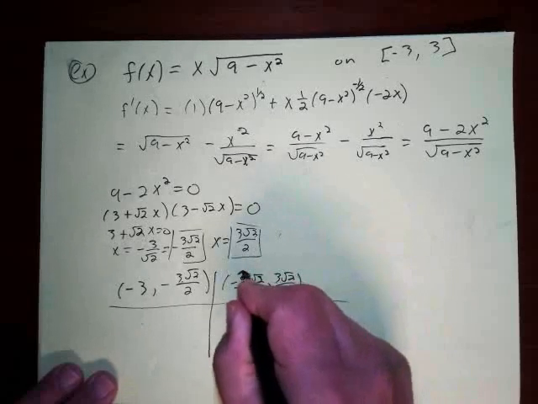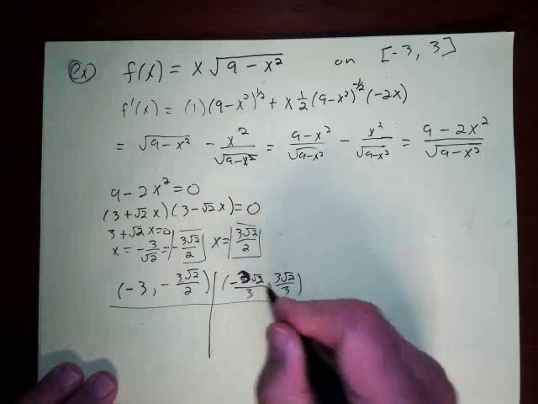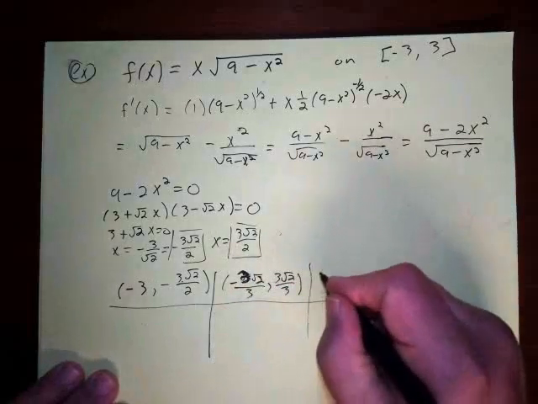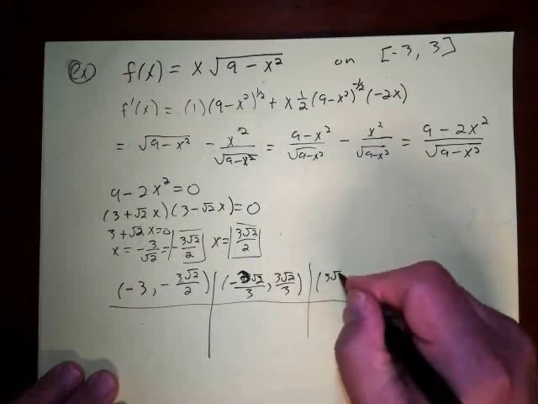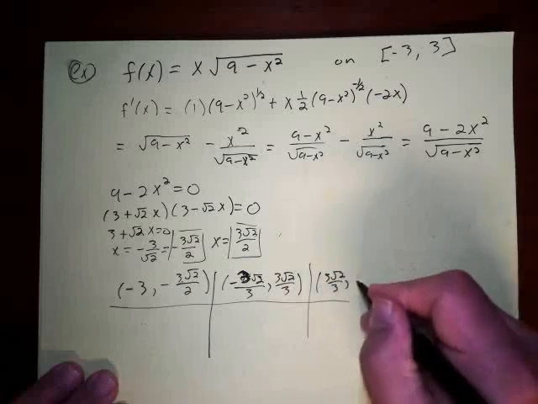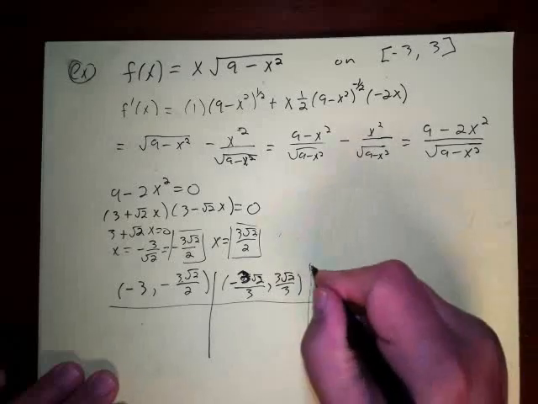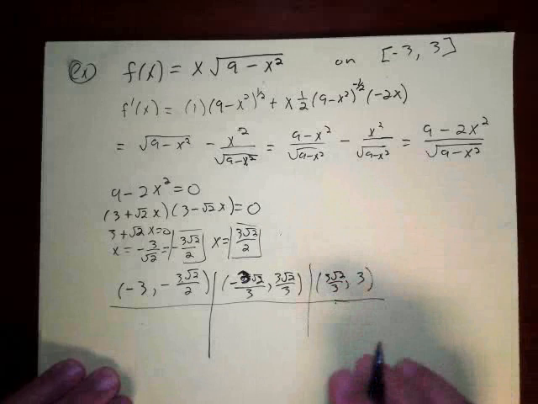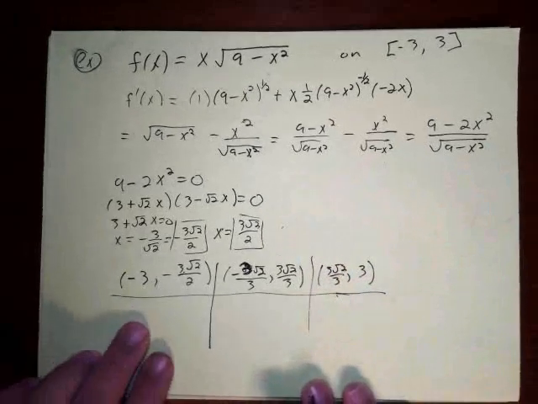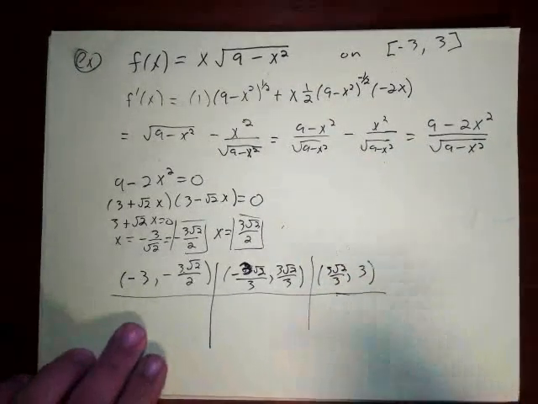Sorry, that looks so messy. And then we're going to have 3 square root of 2 over 2 to positive 3. Okay? So now we want to check the derivative at test points.